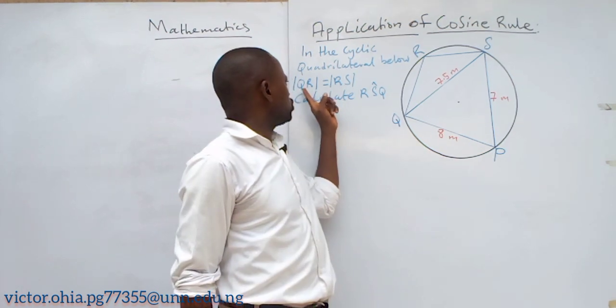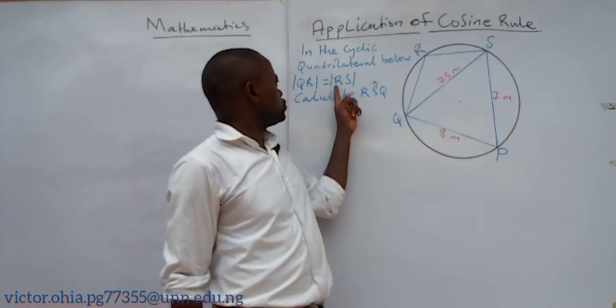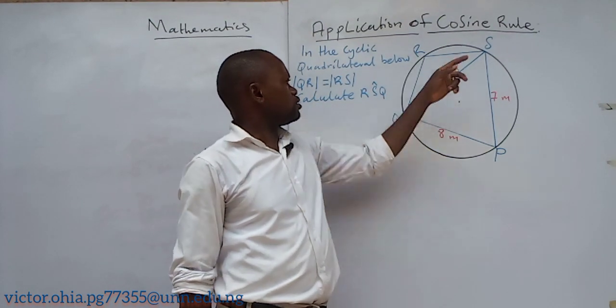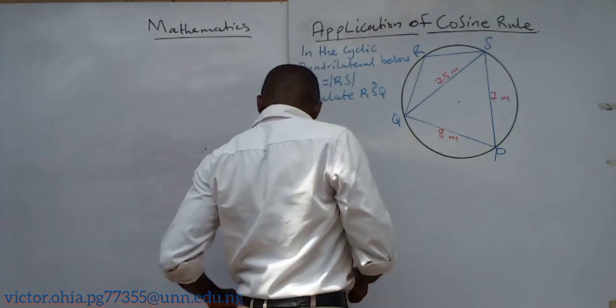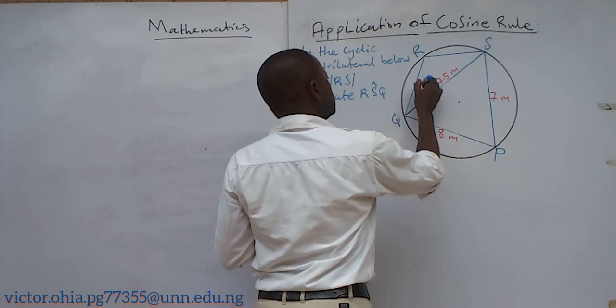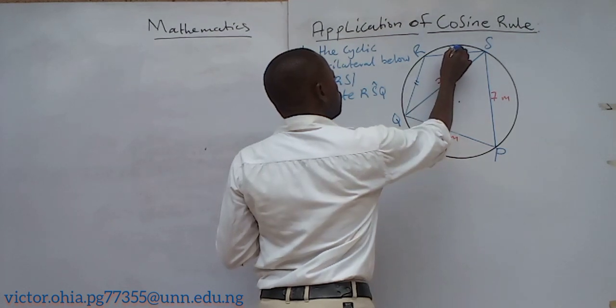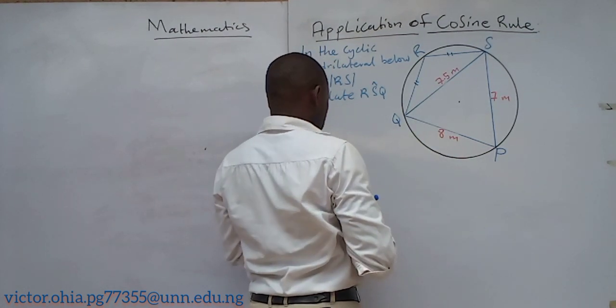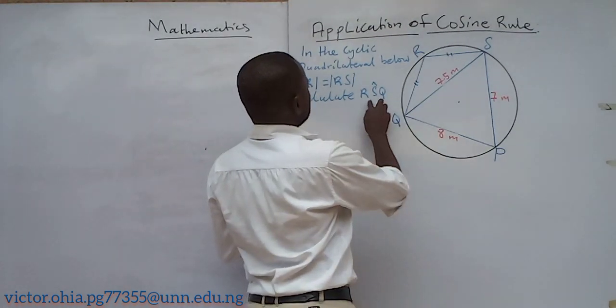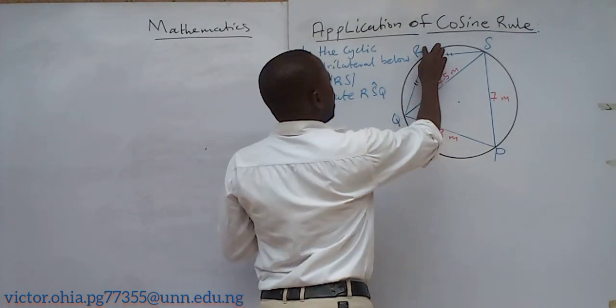That information is that QR is equal to RS, meaning this line is equal to this line. That is the implication. But the question wants us to calculate RSQ.